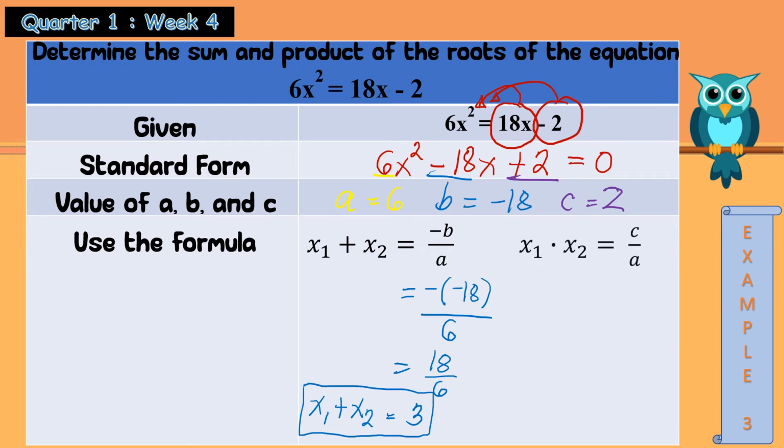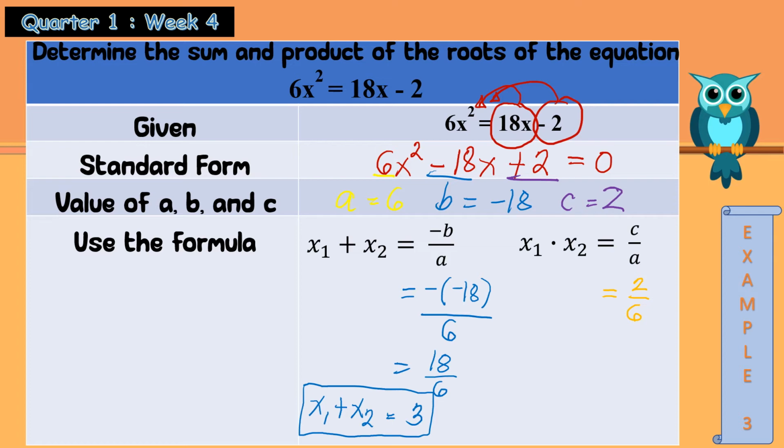Then, for the product, we use our formula x sub 1 times x sub 2 is equal to c over a. So the value of c here is positive 2, and the value of a here is positive 6. So since we cannot divide 2 by 6, we'll just simply express our expression to its simplest form.